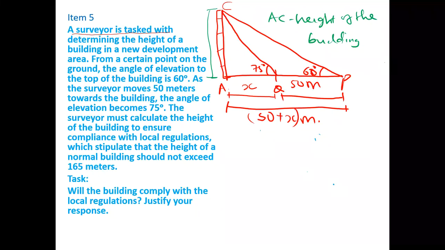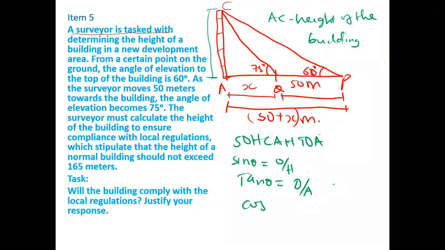Now you need to extract right-angled triangles. Here I see three triangles, but not all three will work. We only use SOHCAHTOA to find lengths of sides and angles of a right-angled triangle. Sine theta is opposite over hypotenuse, tan theta is opposite over adjacent, and cos theta is adjacent over hypotenuse.